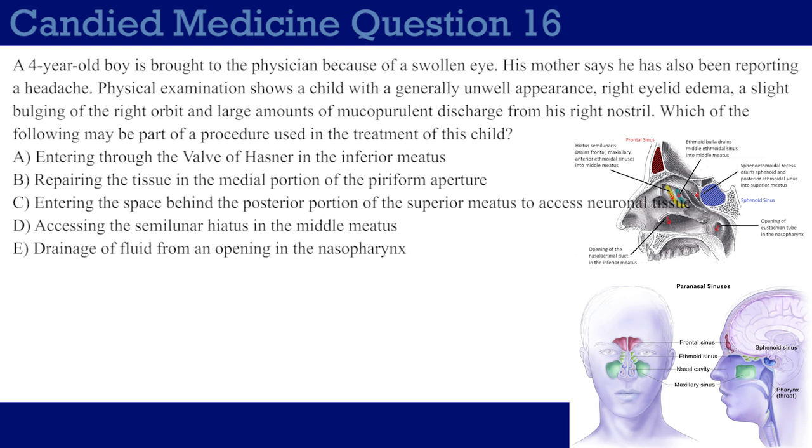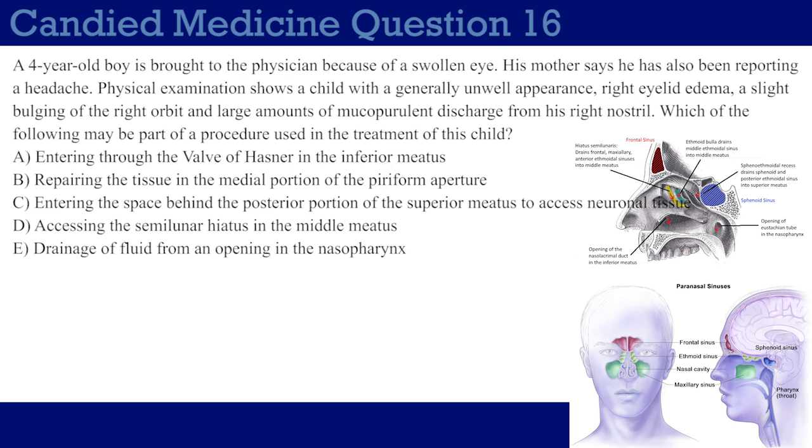Now, every single one of these sinuses drain into the nasal cavity. The frontal, ethmoid, and maxillary sinuses all drain into the middle meatus via the hiatus semilunaris. The ethmoid sinus also drains into another part of the middle meatus, but that's not so important.